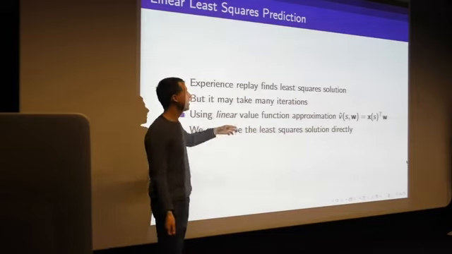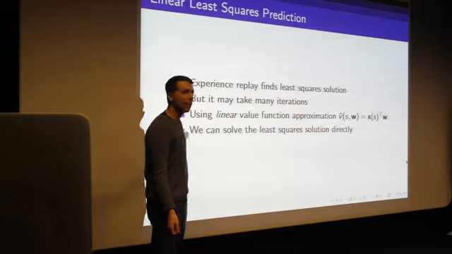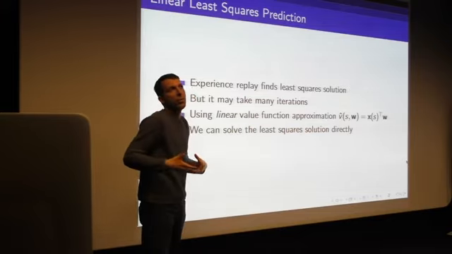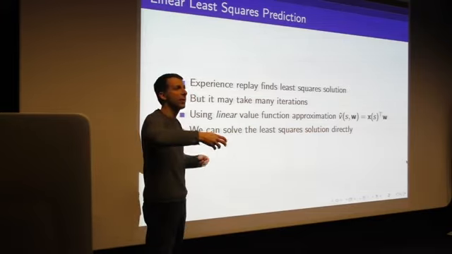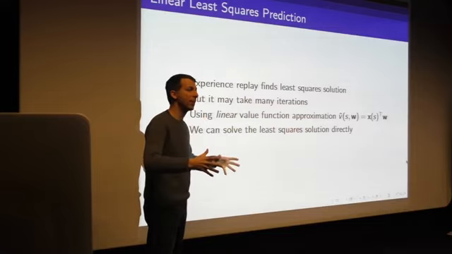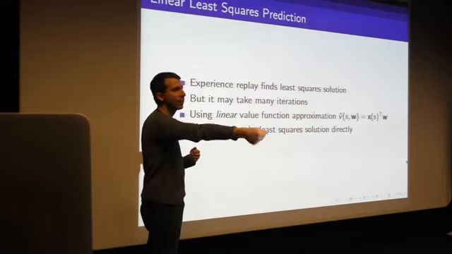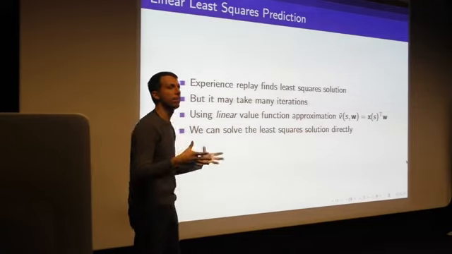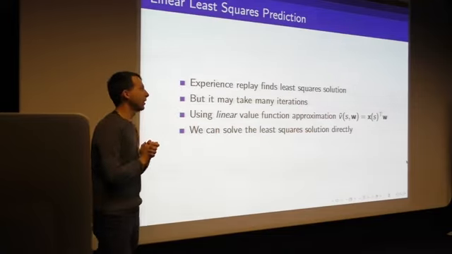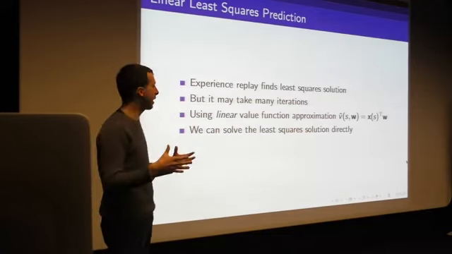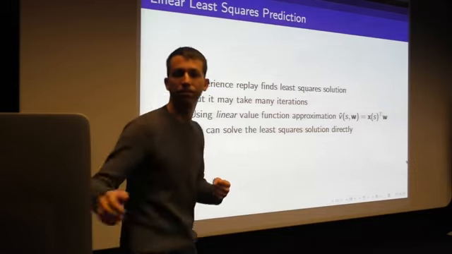If we really are using linear function approximation, then with more computation per iteration, you can do a little bit more in one step and jump all the way to the correct least squares solution, in closed form. So you can do your policy evaluation step in one jump.